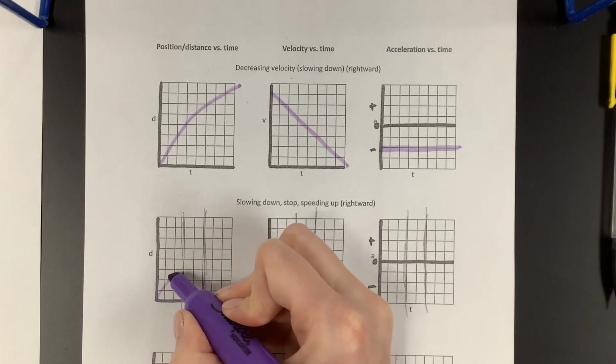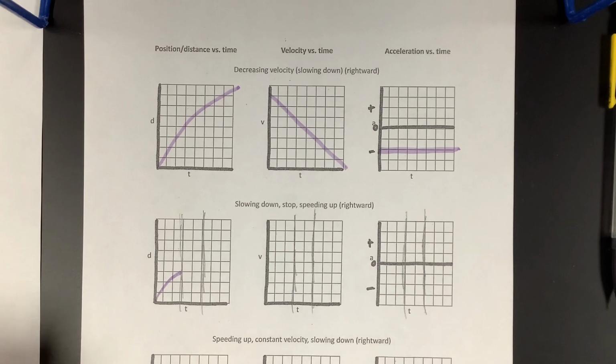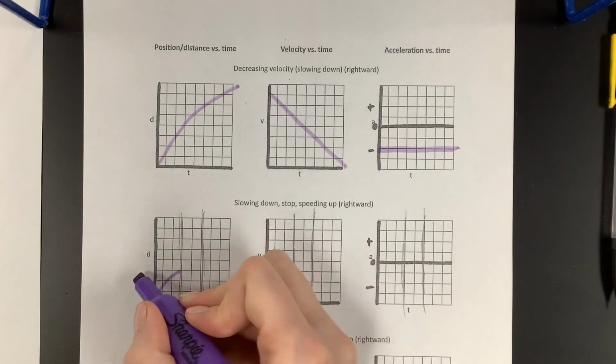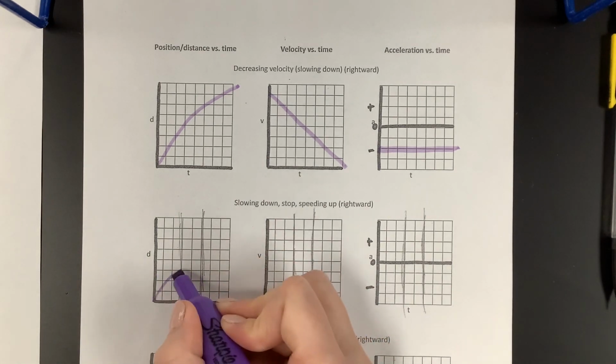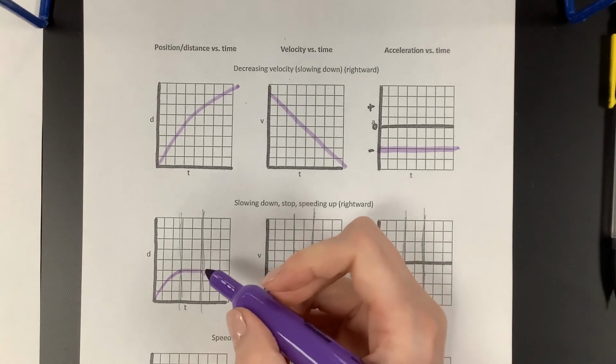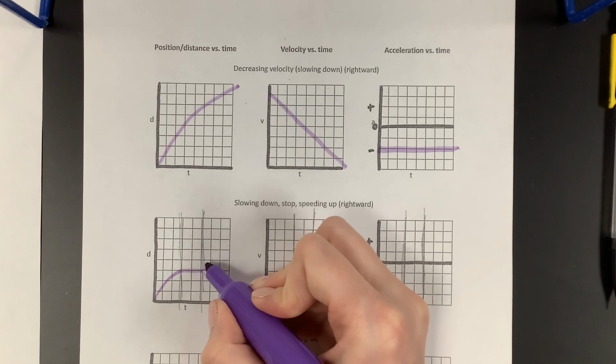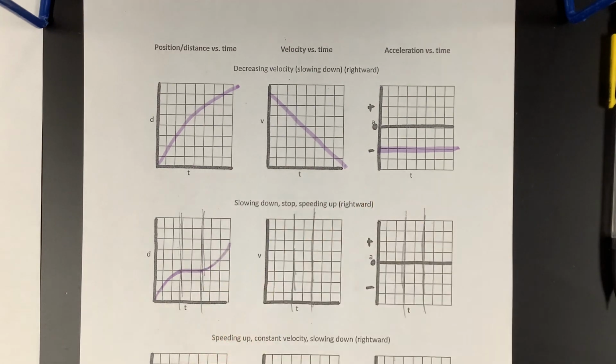It's gonna be getting shallower, so it goes from steeper to shallower. Then if it's stopped, that means the distance or the position is not changing. So whatever our distance is at, right here we're at 1, 2, 3 squares, it's gonna stay at 3. The next part, which says we're speeding up, is gonna start shallow, but get faster, steeper, steeper, steeper. Slope is increasing.